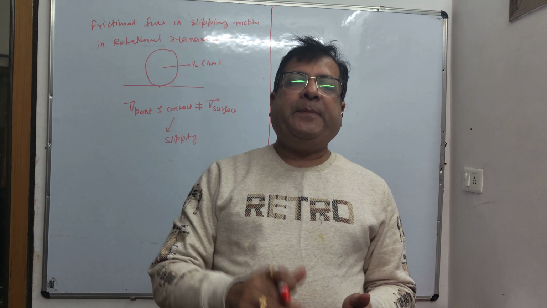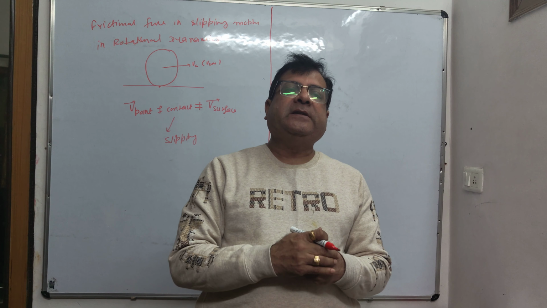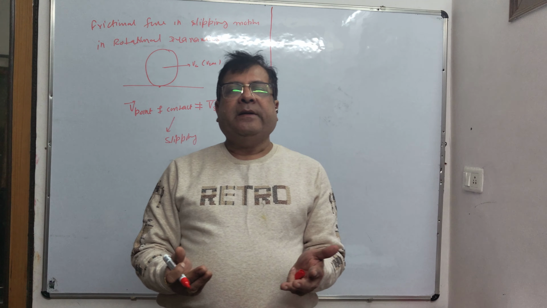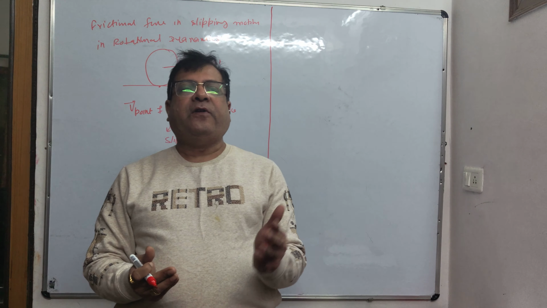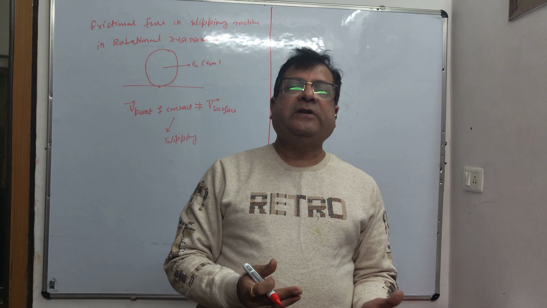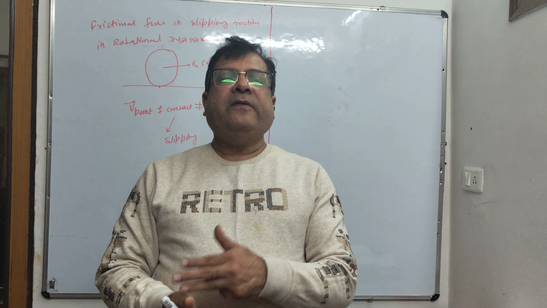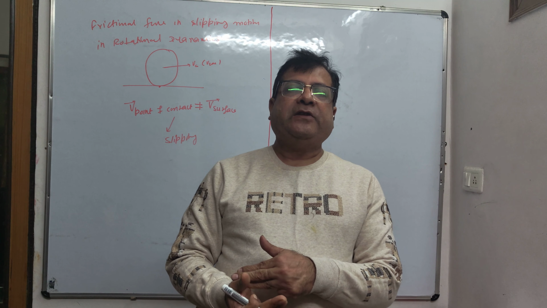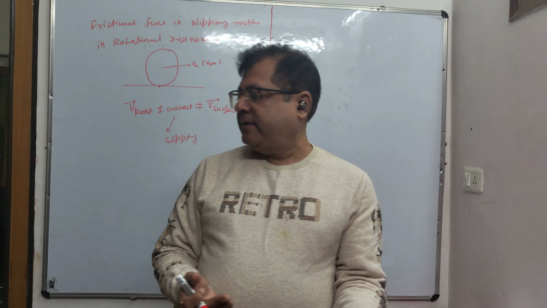Then it can move either in the forward direction or in the backward direction. So frictional force always opposes the direction of slipping. It means if it slips in the forward direction, the frictional force is in the backward direction, or if it is slipping in the backward direction, the frictional force will be in the forward direction.